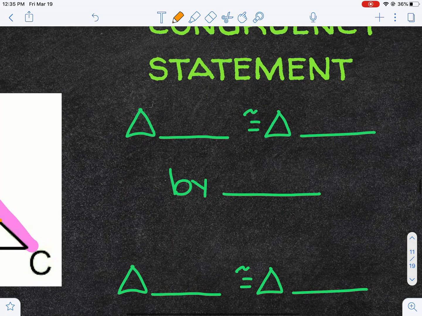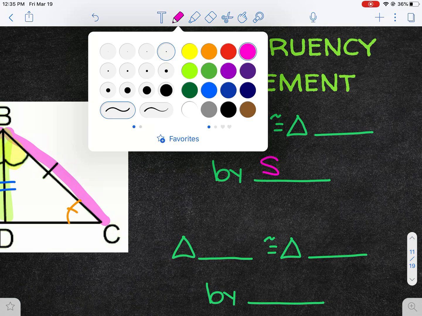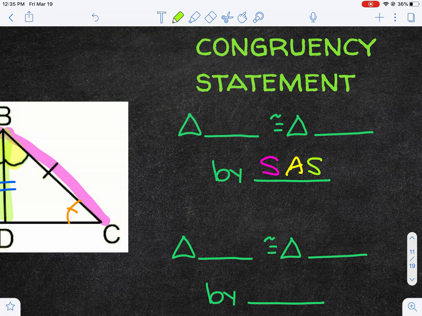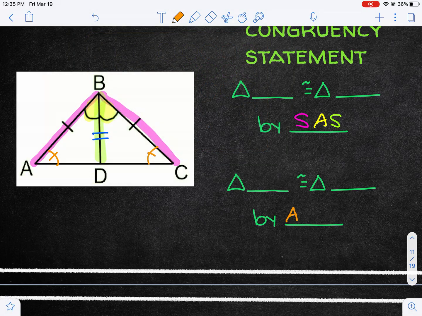So I can either use side, angle, side and have my pink side, that yellow angle, and then that green side. Or I could do angle, side, angle, where I have my orange angle, my pink side, and then my yellow angle.